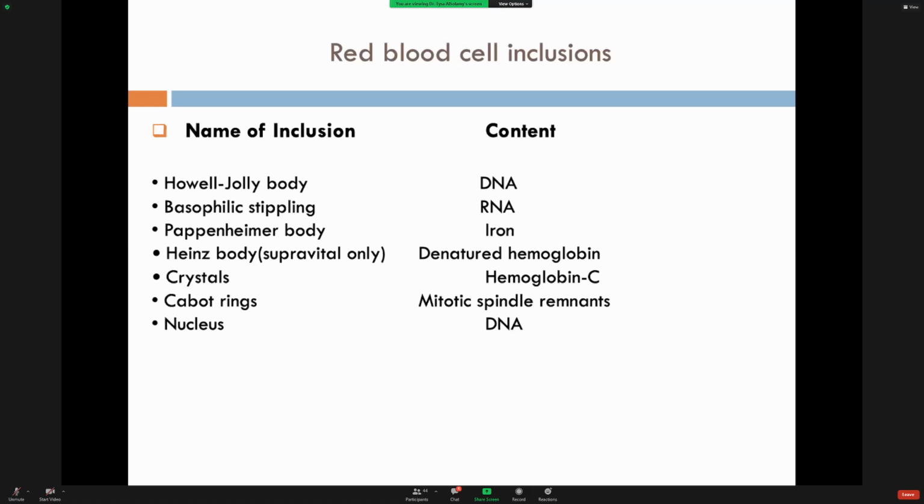We have Howell-Jolly bodies, basophilic stippling, Oppenheimer's body, Heinz body, crystal, Cabot rings, nucleus. طبعا غير مطالبين بحفظ الاسماء هذه او الكونتنت ايش هي، بس مهم للمعرفه انك تعرف انه هولي جول بوديز هي دي ان اي ريمننت، البيزوفيليك هي ار ان اي، البيبنهايمرز بودي هو الايرون، الهاينز بودي هو دي نيتشرز هيموجلوبين، الكريستال لايك هيموجلوبين سي، الكابوت رينجز هي ميتوتيك سبندل ريمننتس، والنيوكليوس هو الدي ان اي.